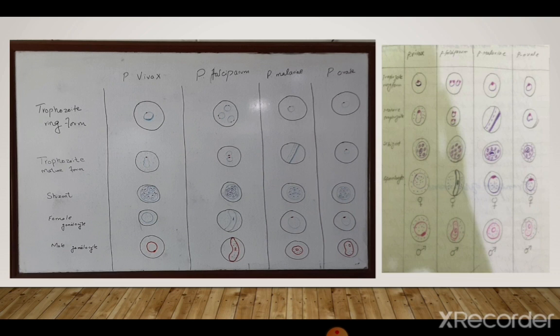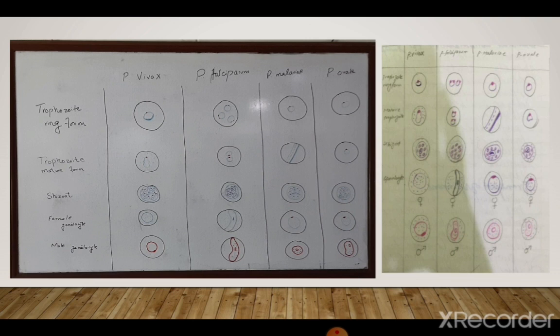The schizont takes up two-thirds of the space of the RBC, and it contains 24 to 28 merozoites. Outside the schizont there are small dots present. These are Maurer's dots, which are present when a person is infected with Plasmodium falciparum. That person's RBC would contain Maurer's dots.